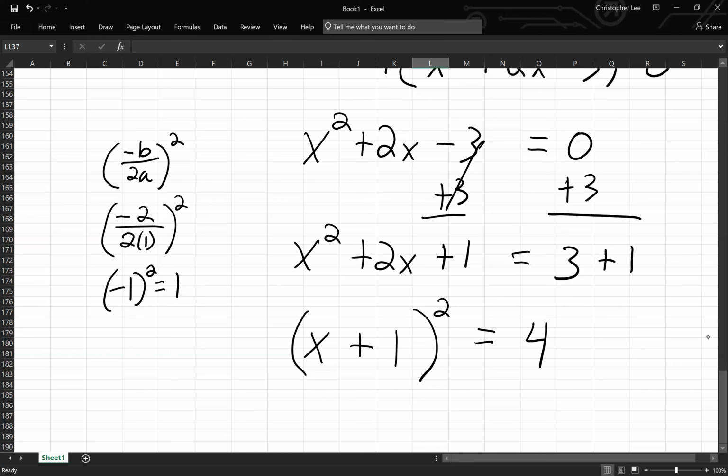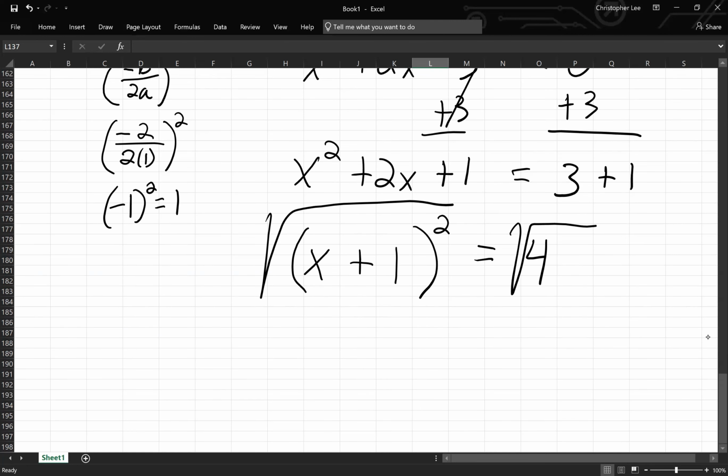So what do I gotta do? It's that square. How do I get rid of the square? Square root it, right? So I'm gonna square root this, but what I do to one side, I gotta do to the other, right? So now, what do I have? I have x plus 1 equals what?